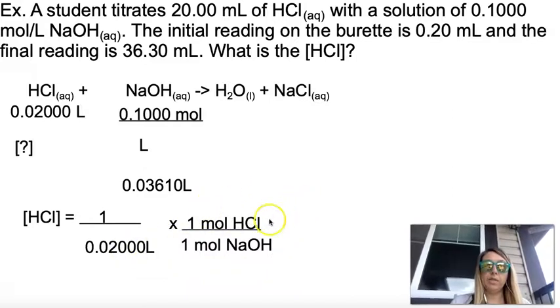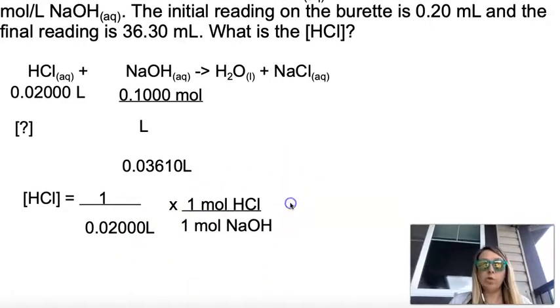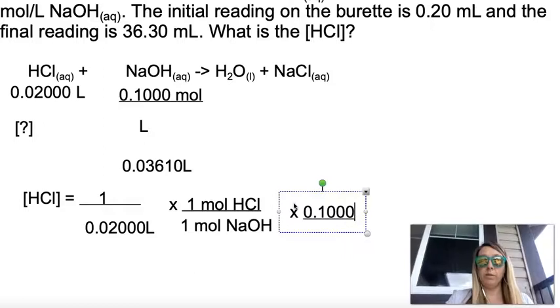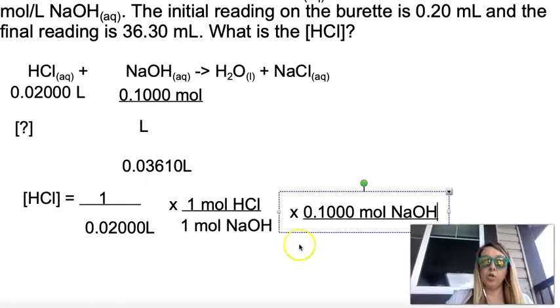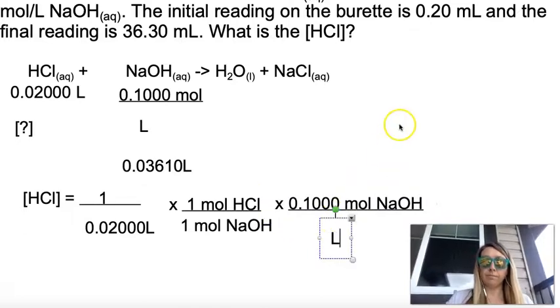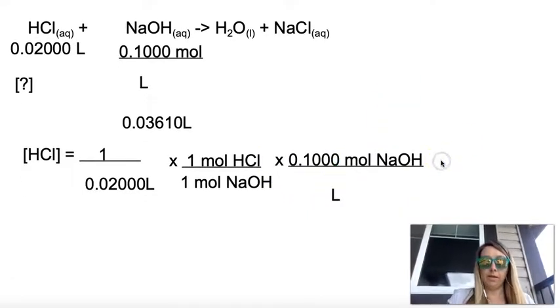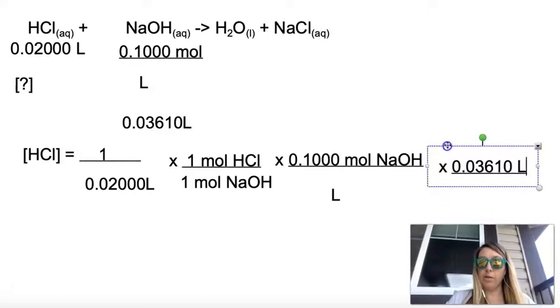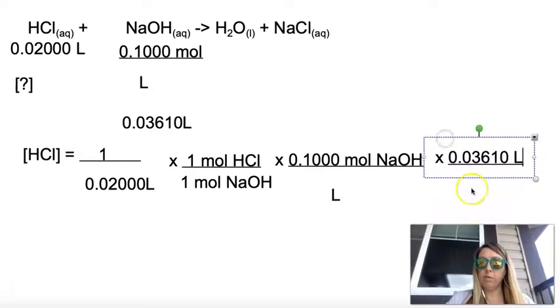We place the liters, we need to get rid of moles of NaOH, so we're going to use the concentration to get rid of that. So 0.100 moles NaOH, and that is going to be over liters. And then we are going to times by that 0.03610 liters. And again, we're just going to put that over 1.